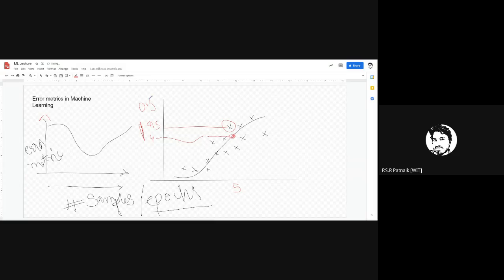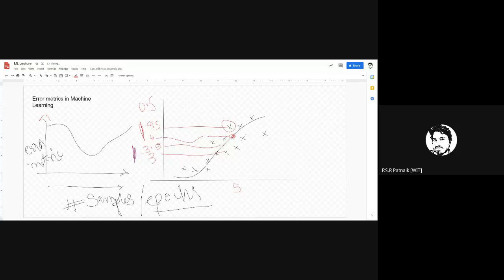Likewise, if I consider this other point, the expected value is 3, and the predicted value is around 3.5. So what is the difference here?